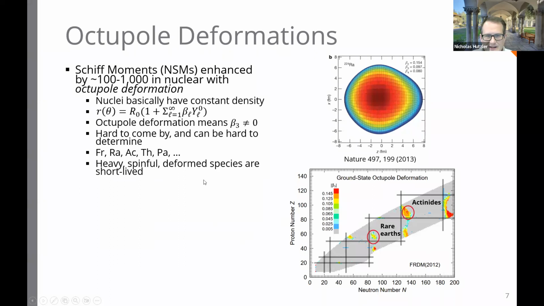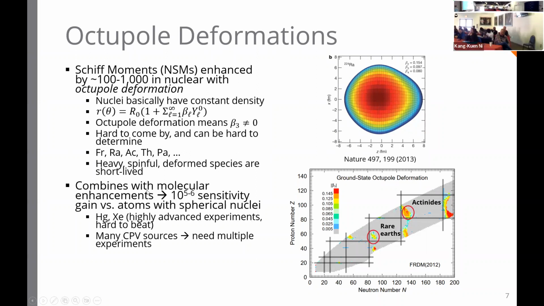But that also presents a challenge, which is that they're heavy radioactive species, and they're all short-lived. None of them are stable. And at least for the spinful isotopes of these, which you would need to really make use of this effect, their half-lives are typically on the order of days or weeks. So it's challenging to work with them. But there's a lot of interest in working with them because the nuclear Schiff enhancement is an intrinsic enhancement in the nucleus itself.